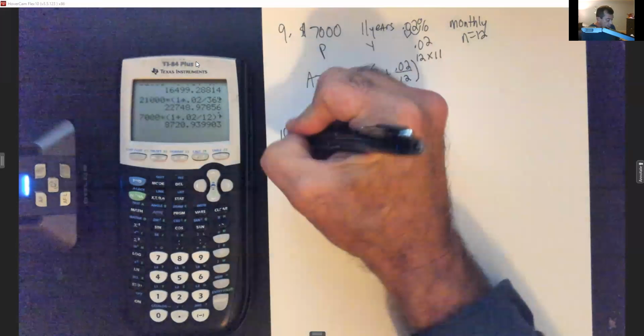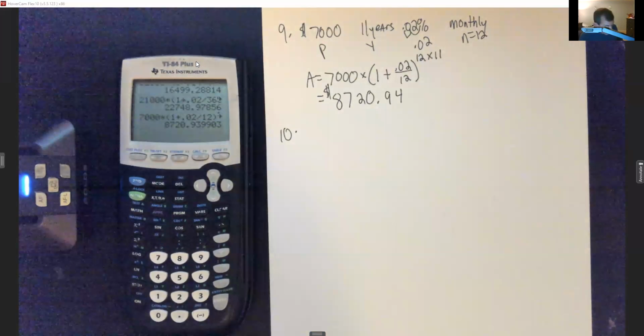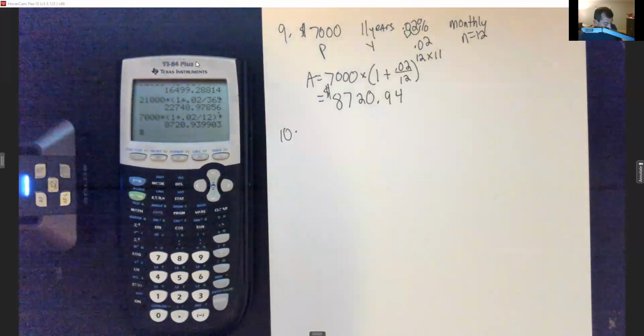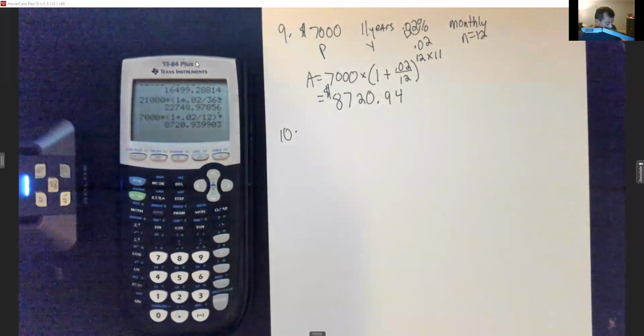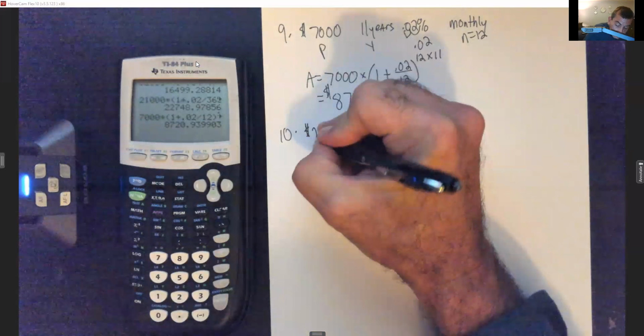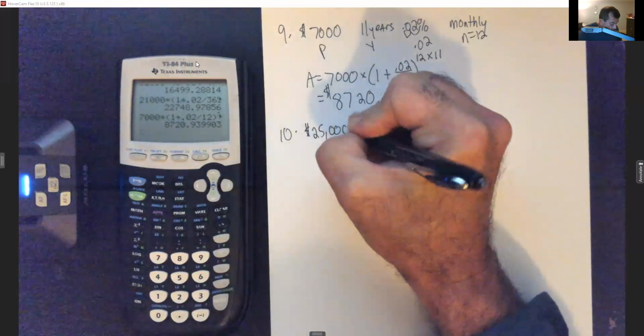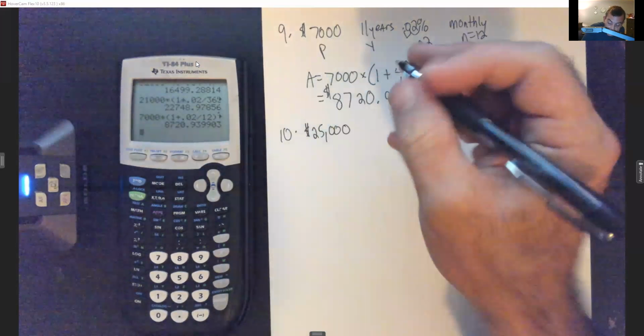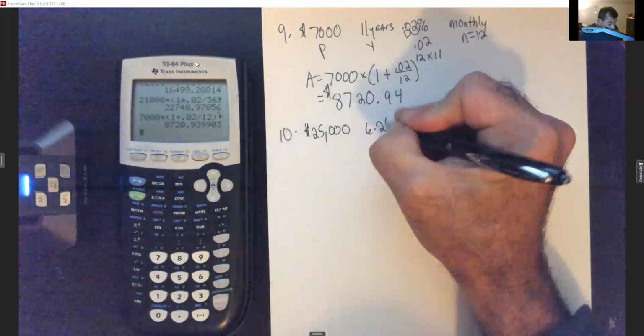Okay, that's number 10. We just got 15 of these, so I'm on 10. Same thing, 25,000. 6.2% is my APR.